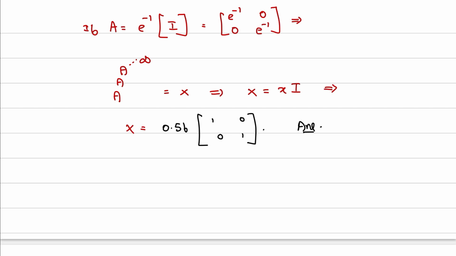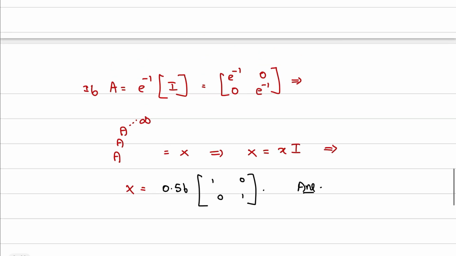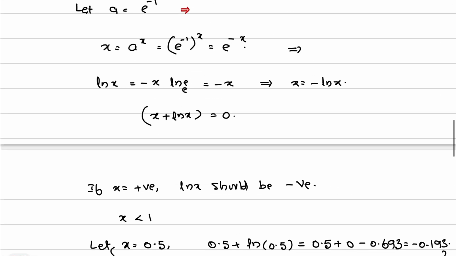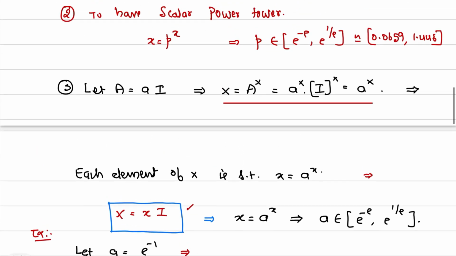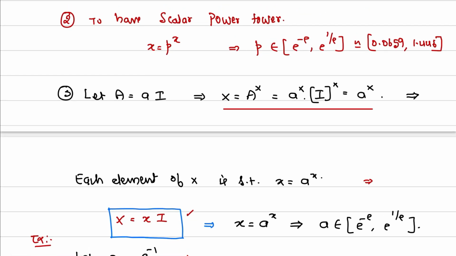I think you understood the procedure and you got the answer, provided the matrix A is diagonalizable. We cannot apply this rule to all matrices. Matrix A is diagonalizable, not element, sorry, it says it's a matrix.